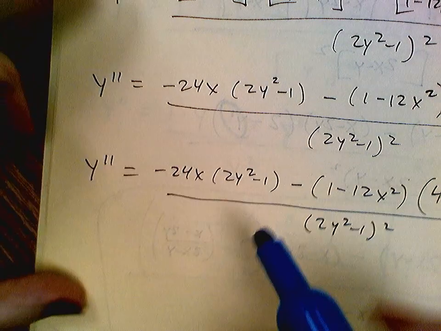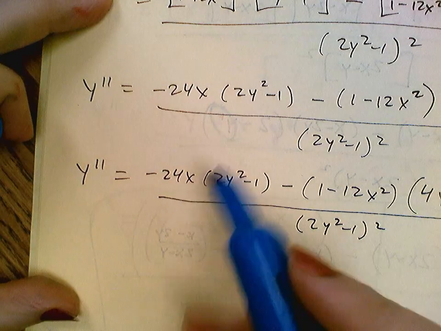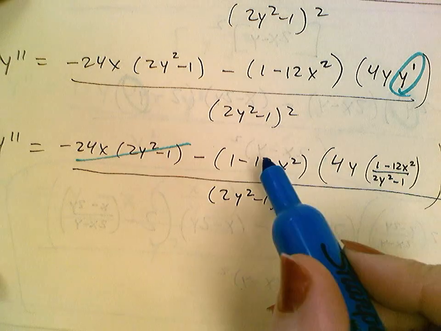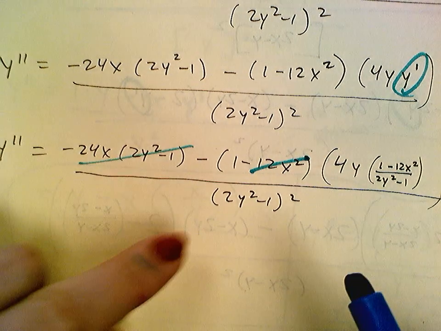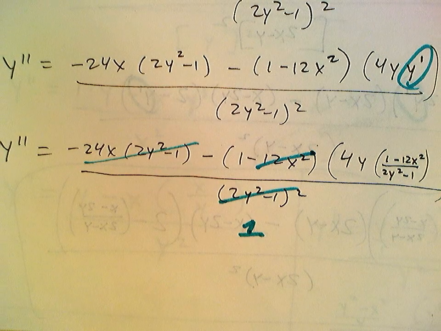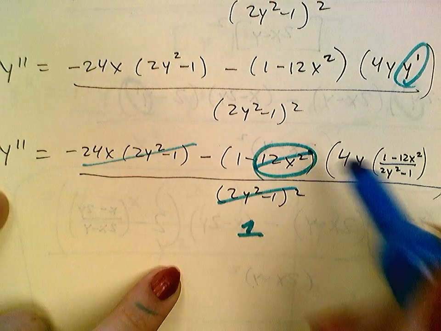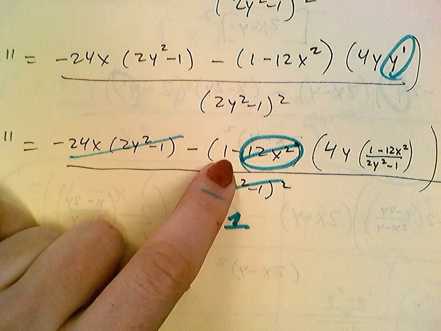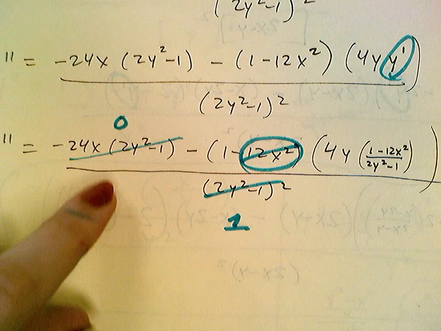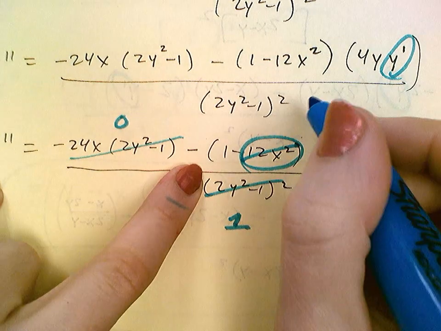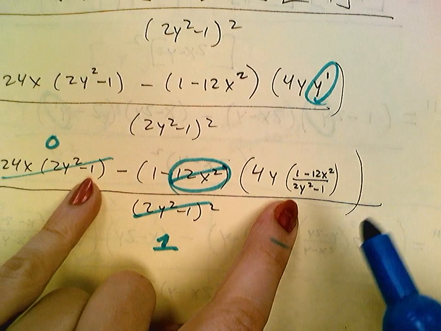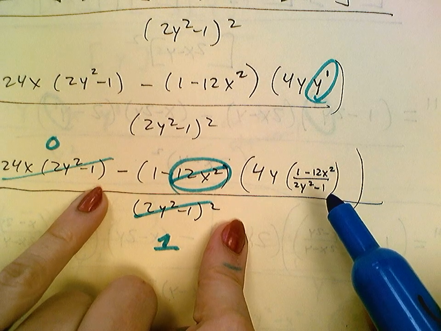So you're plugging in 0 for x and y, so this whole thing cancels. This is gone. This ends up just being 1. Like this term is gone. So that's just 1. All right, so this is 0. That whole thing is 0. This whole thing is just 1. That whole thing is just 1. And then this, what?